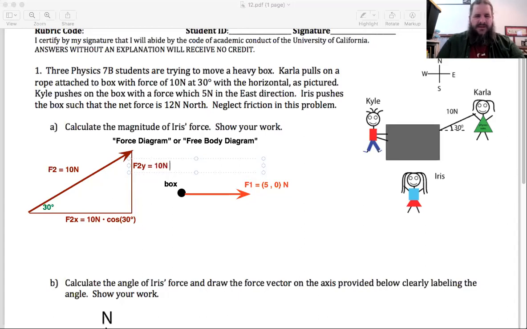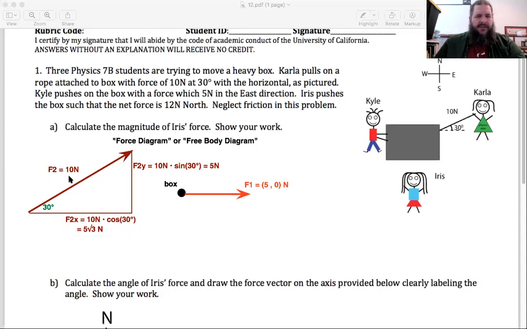Yeah, that'll use sine of 30 degrees. And sine of 30 degrees, if I remember correctly, is just 1/2, so that'll just be 5 newtons. And cosine of 30 is √3/2. So that'll be 10 newtons times √3 divided by 2, or 5√3 newtons.